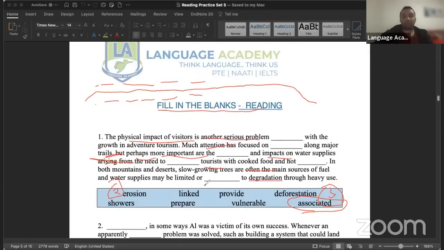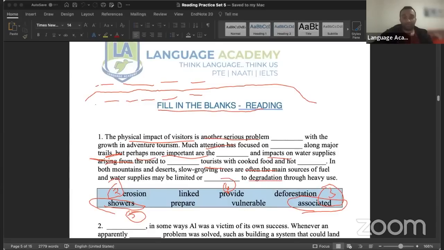I'm not going to prepare tourists. Okay. So the right answer will be provide tourist. Okay. So the fourth one will be to provide the tourist with cooked food. And hot what? What is hot? Hot, the only noun over here is showers. So you will put hot showers in fifth one. Okay. Clear?